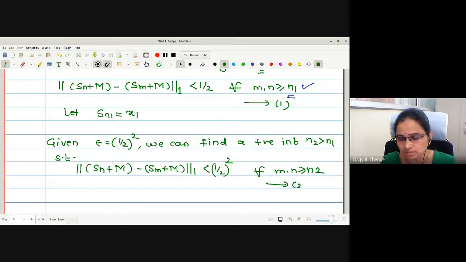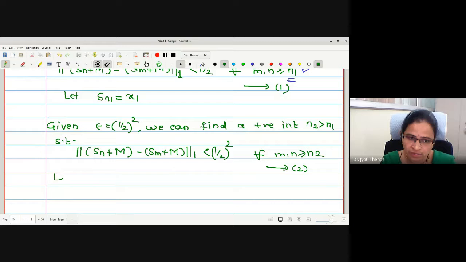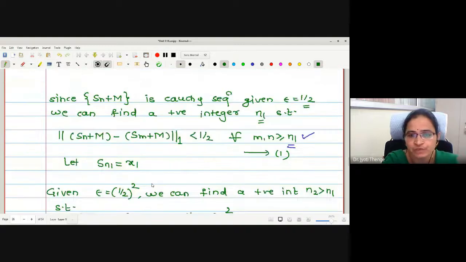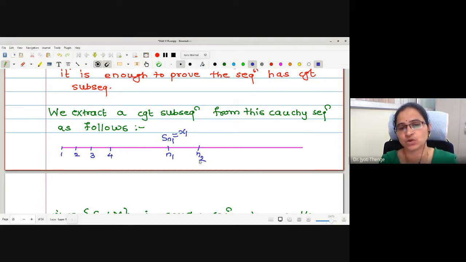Let me call this statement number 2. Then again, let Sn2 be x2. This is the next position, n2, the next positive integer where it satisfies the inequality less than 1 by 2 square. Therefore I call it Sn2, which is equal to x2. See here, n2 is greater than n1.